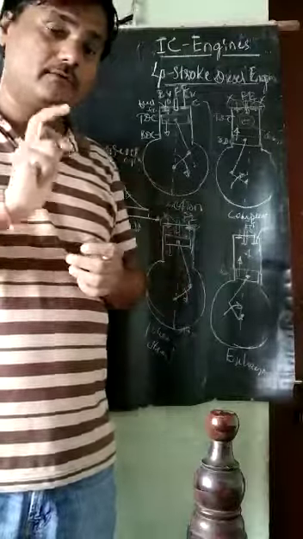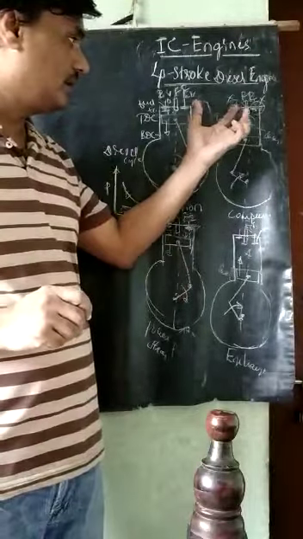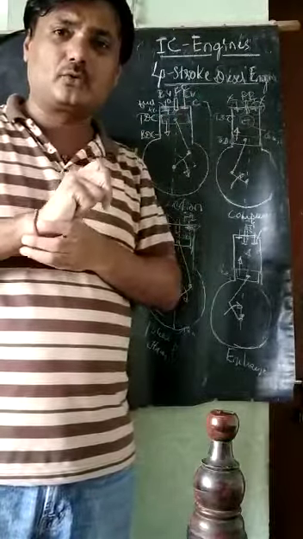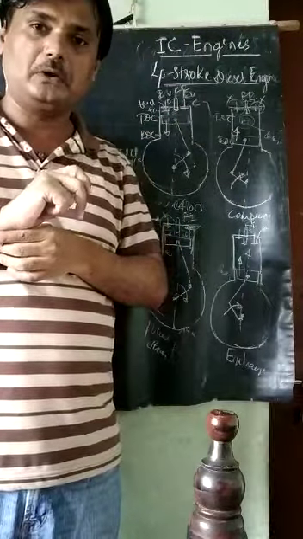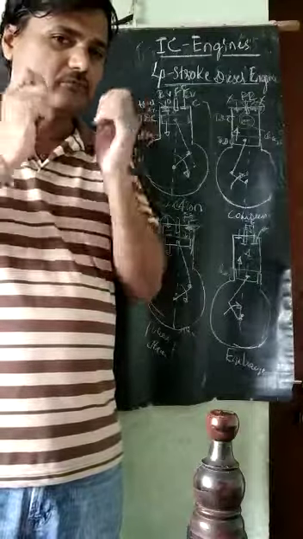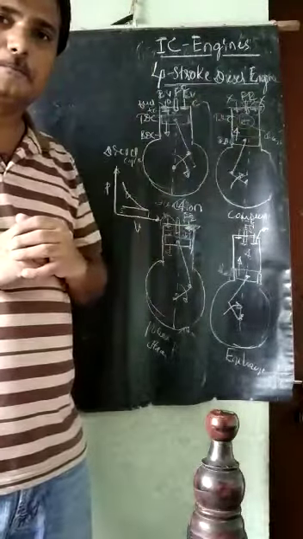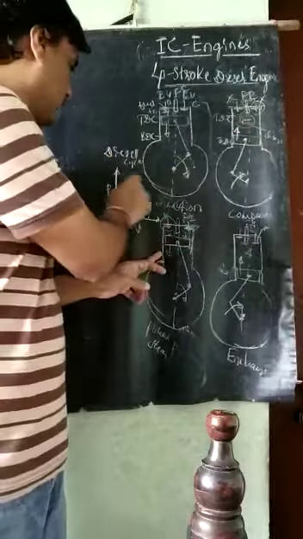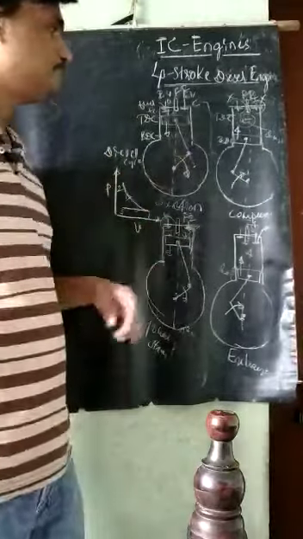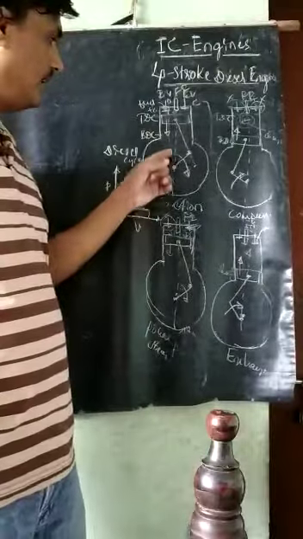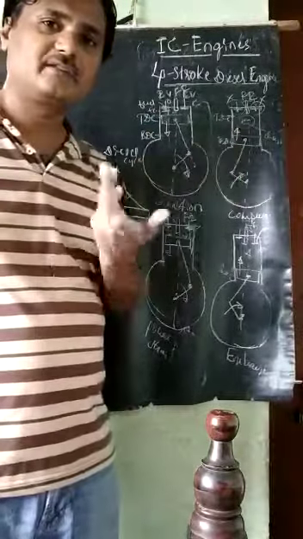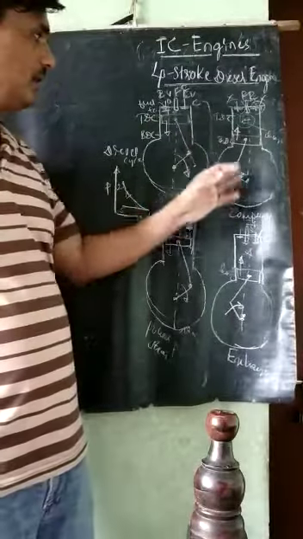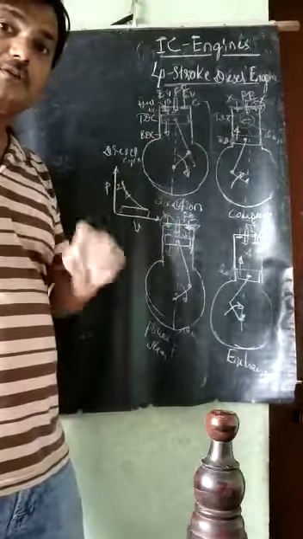Therefore, the air will be compressed up to 22 times maximum. Its pressure and temperature are very, very high. Highly compressed air is available after this compression stroke up to point 2. Again, half revolution of the crank is taking place, total 1 revolution. This is called the compression stroke.